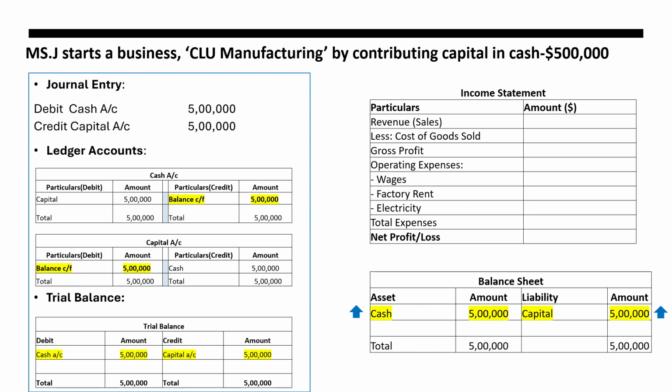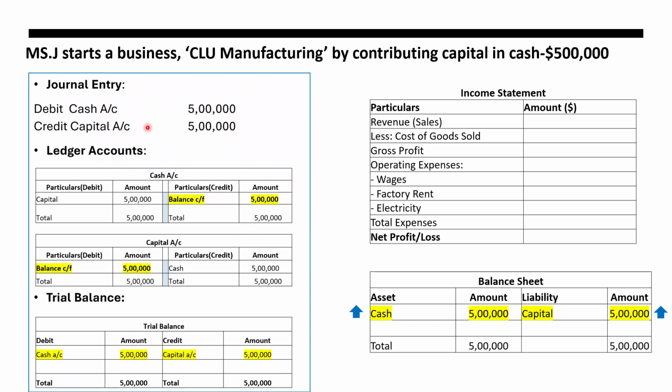So the initial recording of the transaction, which is the journal entry, has 2 legs, debit and credit. Here we have debited cash because Clue has received cash, and cash is an asset, which is a real account. So we've applied the rule of a real account, which is debit what comes in and credit what goes out. So cash has come in, so we debit cash.